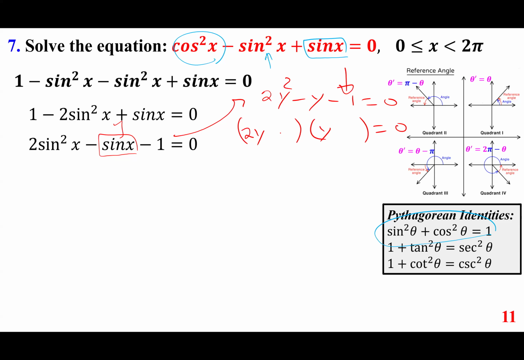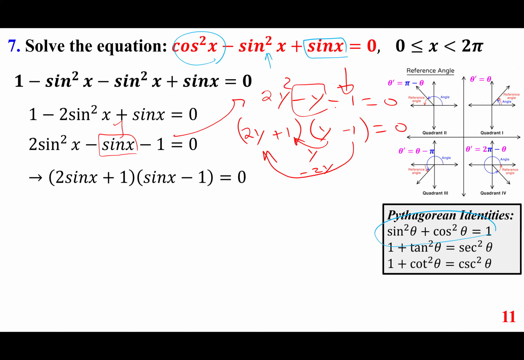So if I put a plus 1 here, this is y. If I put minus 1 here, this is negative 2y, and we get the middle one. Or you can go directly with the factoring right here. So either this one is 0 or this one is 0.